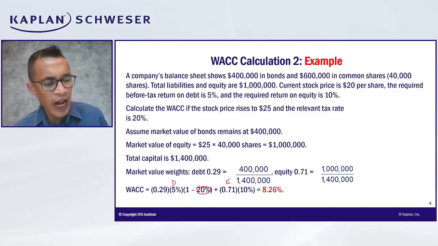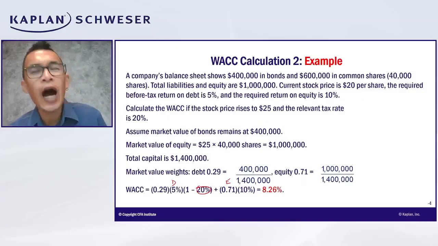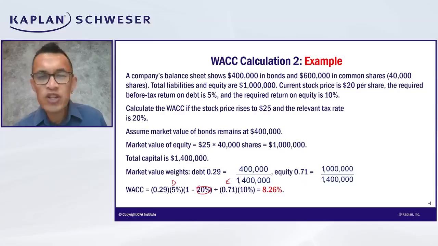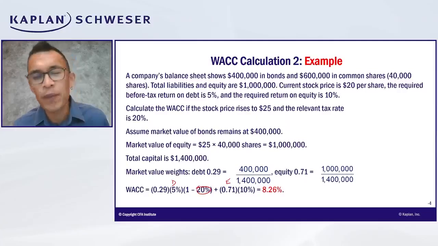Okay. All of that together gives us a WACC of 8.26%. Now, applying this to an exam situation, I think something like this WACC calculation is a reasonable question for a competent candidate to perform in the required 1.5 minutes that you would have approximately on the exam.